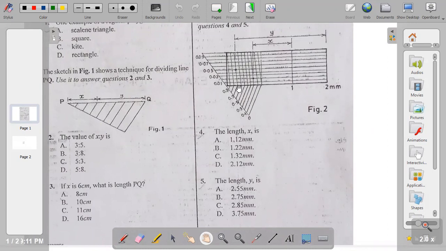So this is 7 and this is 5. So Y is 2.75. So for question 5, the answer is B.